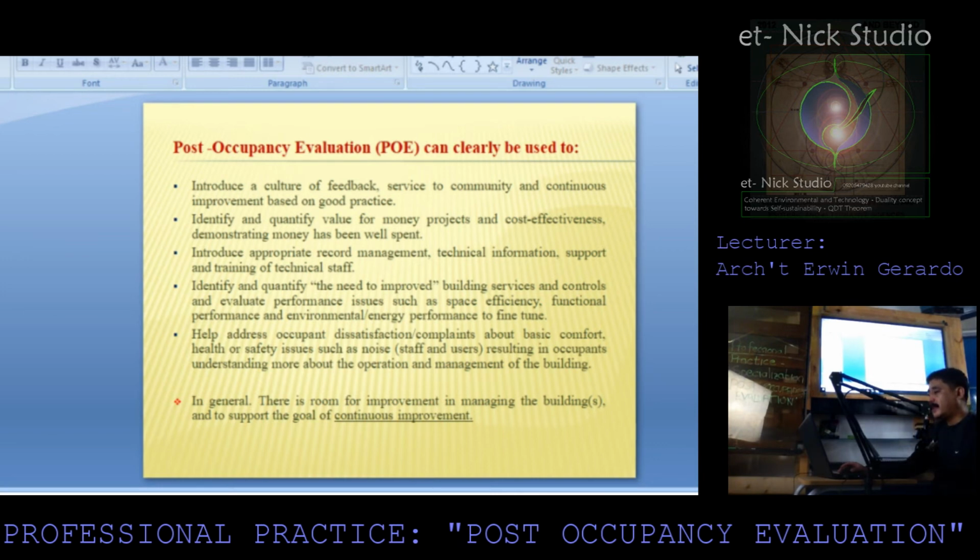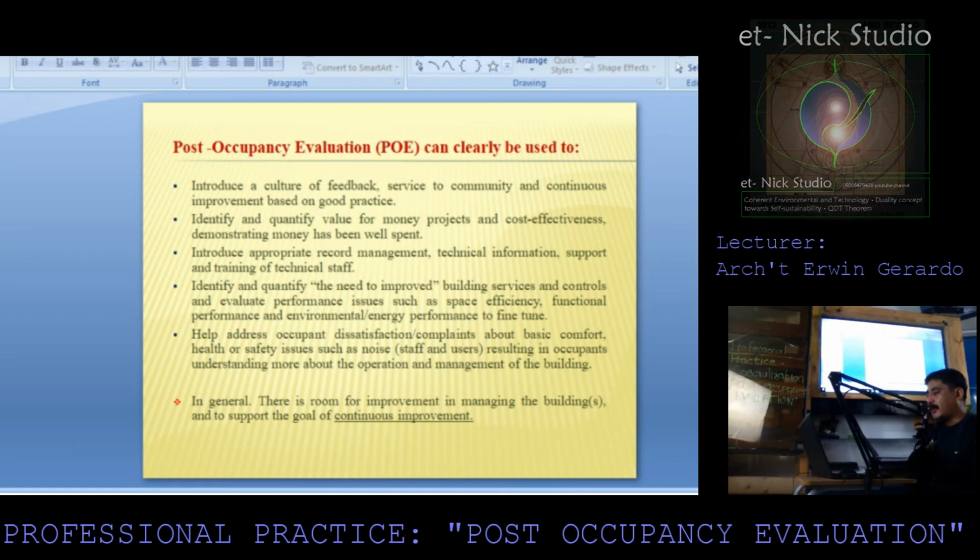Post-occupancy evaluation can clearly be used to introduce a culture of feedback, service to community, and continuous improvement based on good practice. Identify and quantify value for money projects and cost effectiveness, demonstrating money has been well spent.